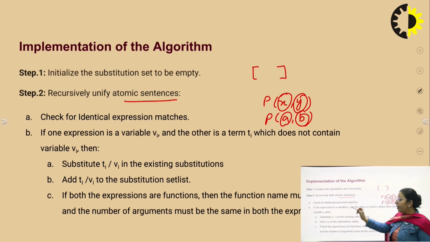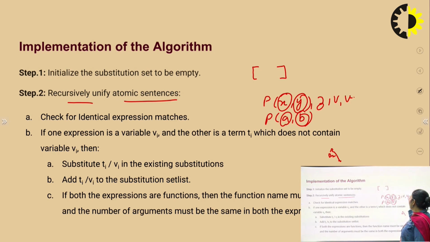This is why the recursive term is used. If there are more variables, like Z, U, V, we have to unify each parameter or term one by one. We cannot unify the complete expression in a single run.